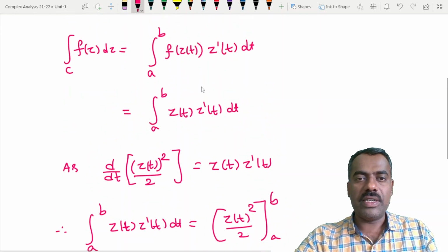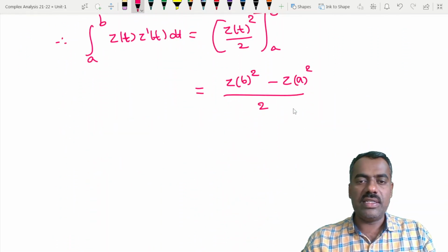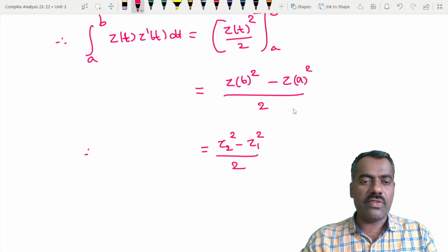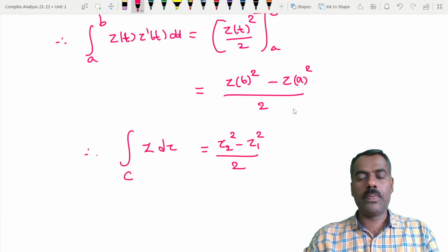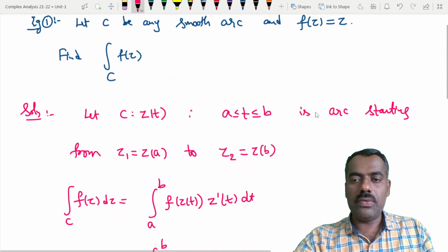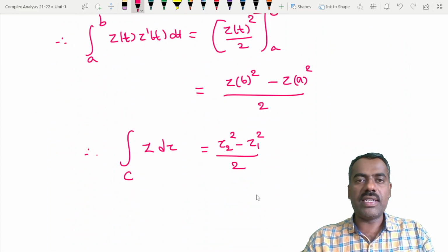But z(b) is z2 and z(a) is z1, therefore this is (z2 squared minus z1 squared)/2, which is the integral of z dz over C. That means whatever smooth curve we take, the value on the right-hand side depends only on the endpoints.